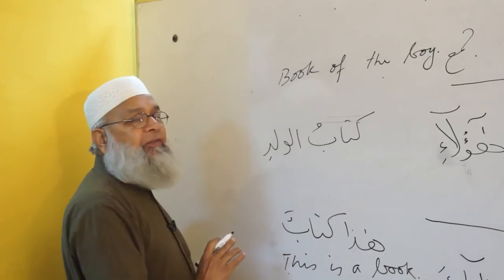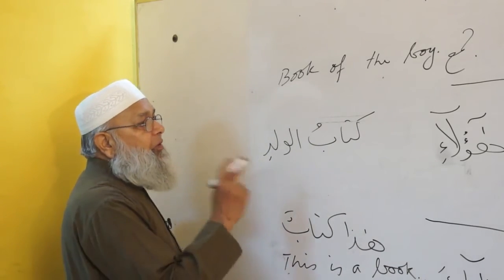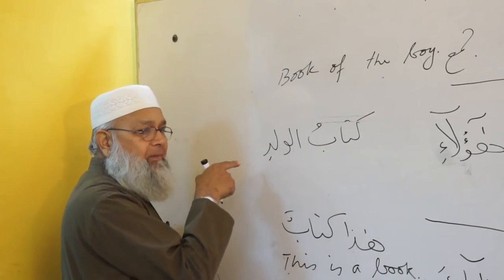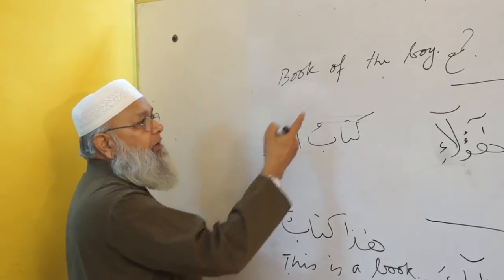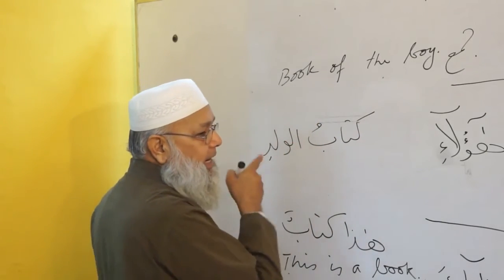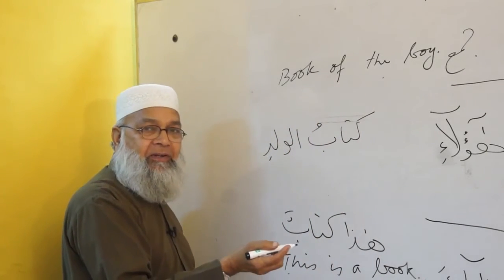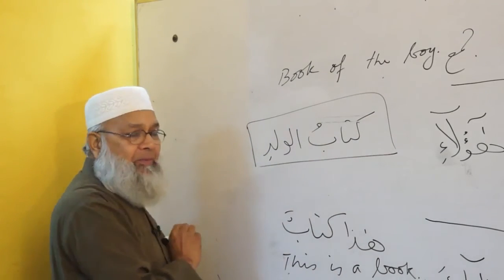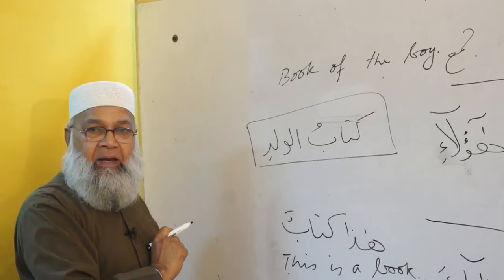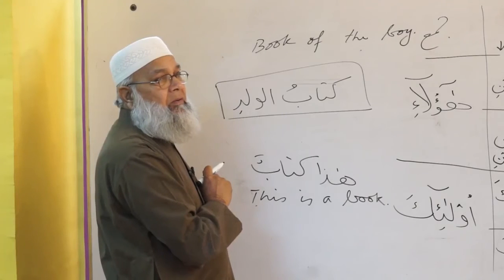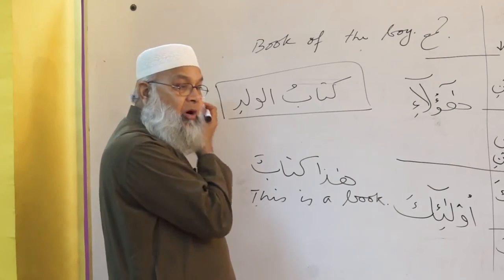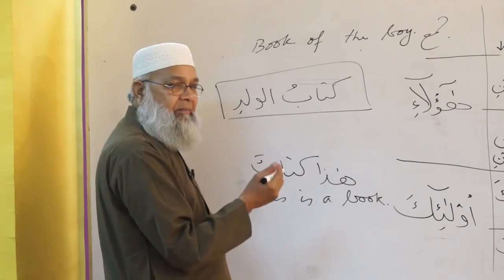Now we take different scenarios. When you have to point to the boy, what will be the construction? When you have to point to the kitab, what will be the construction? If you have to point to the whole, what will be the construction? And you have to tell that book of the boy is this one. What will be the construction?